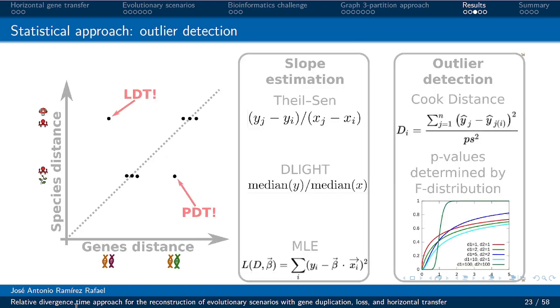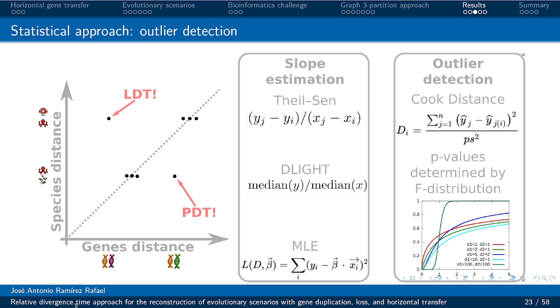Okay, so this is the statistical approach. Basically, we have this regression line. We have gene distance on one axis and species distance on the other axis, and everything that lies on the regression line is considered equal divergence time. The outliers are LDT graph or PDT graph relationships. Well, this is just a linear regression. It's nothing new for anyone, but actually it's very difficult to deal with linear regressions when you have a lot of outliers.